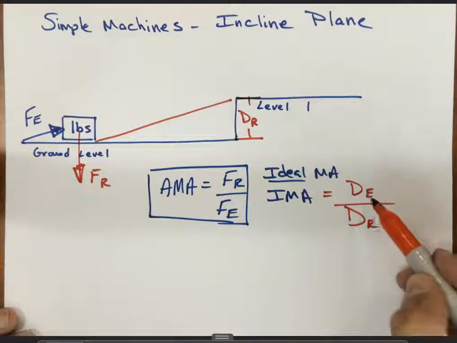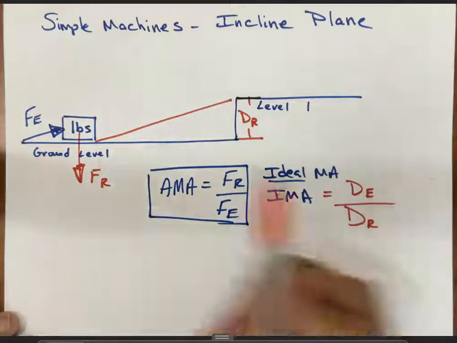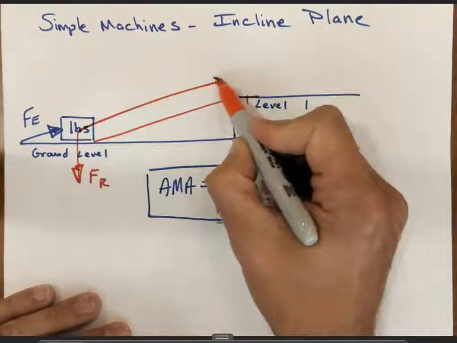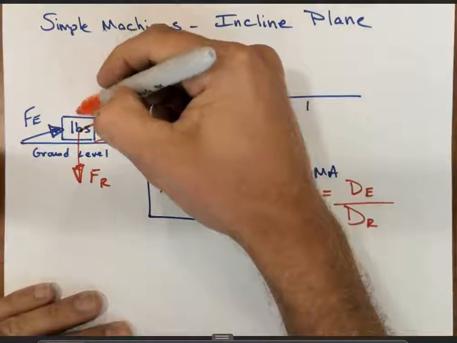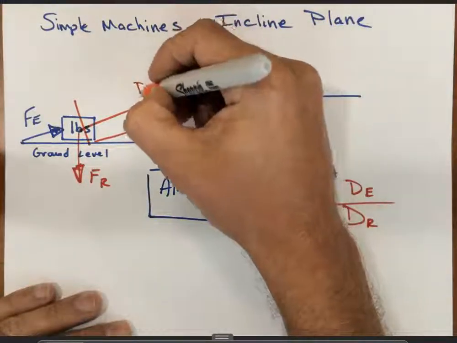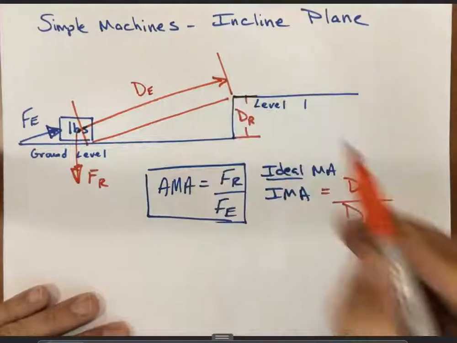So look at the path that we take, the effort path to get there. We start here and we push up the ramp right here. So this path, the length of the ramp, is our effort distance. We're going to push until we get to the top.